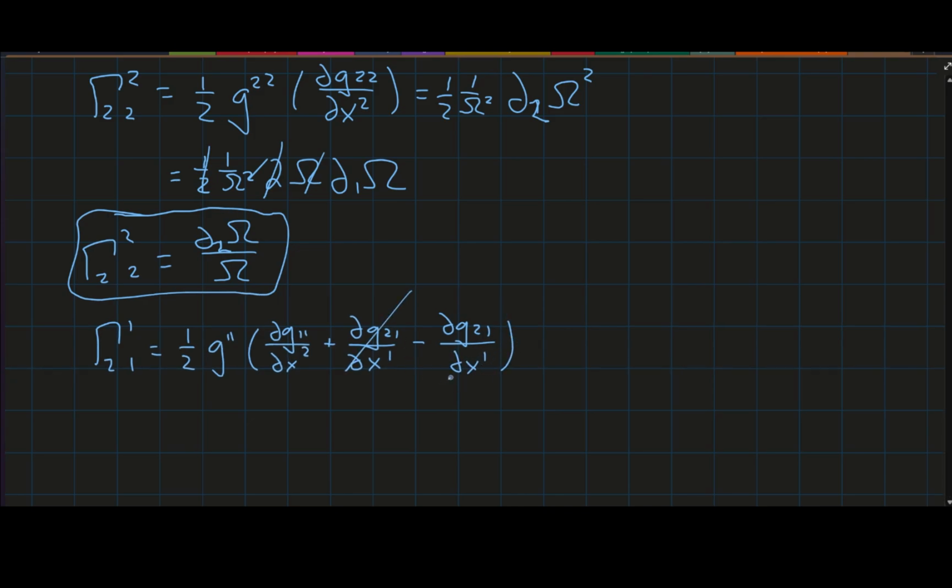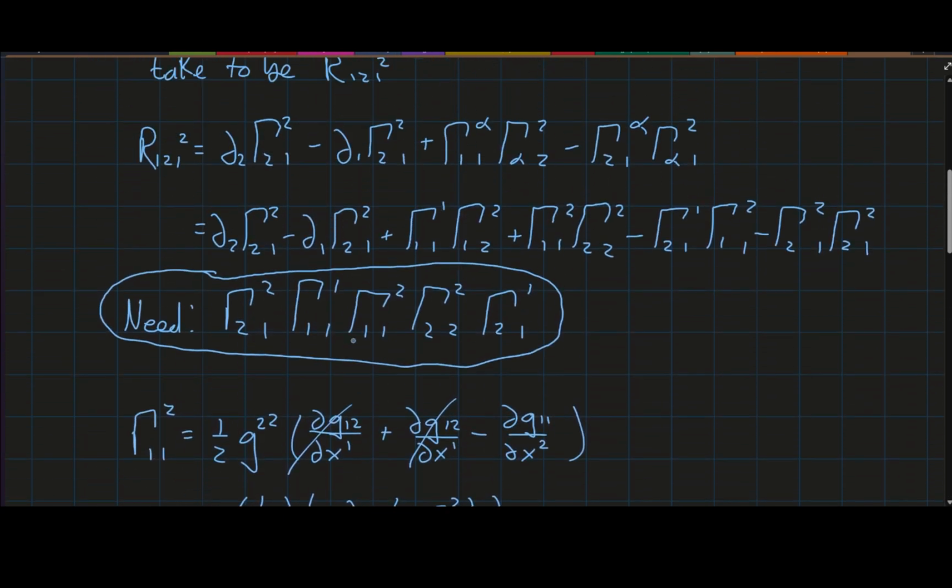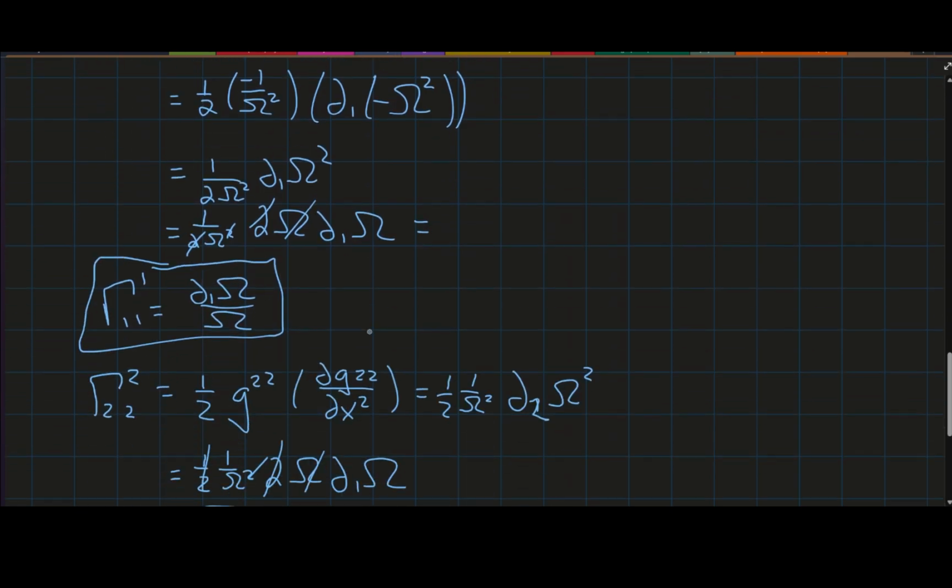Okay, so the off diagonals go away. G11 upstairs is minus 1 over omega squared.